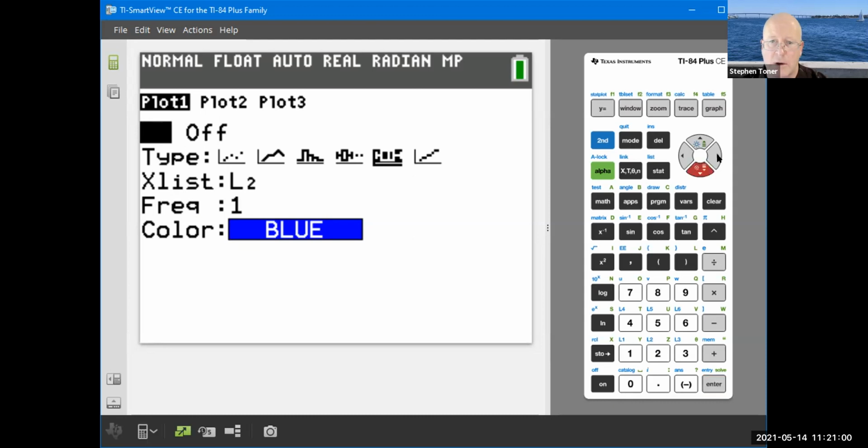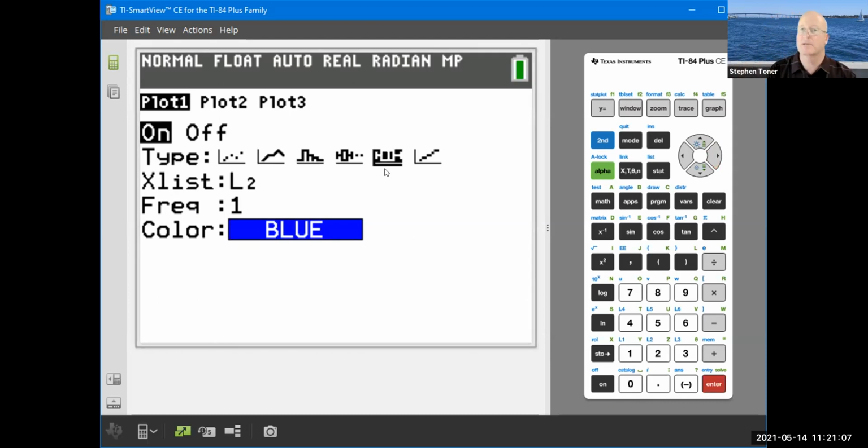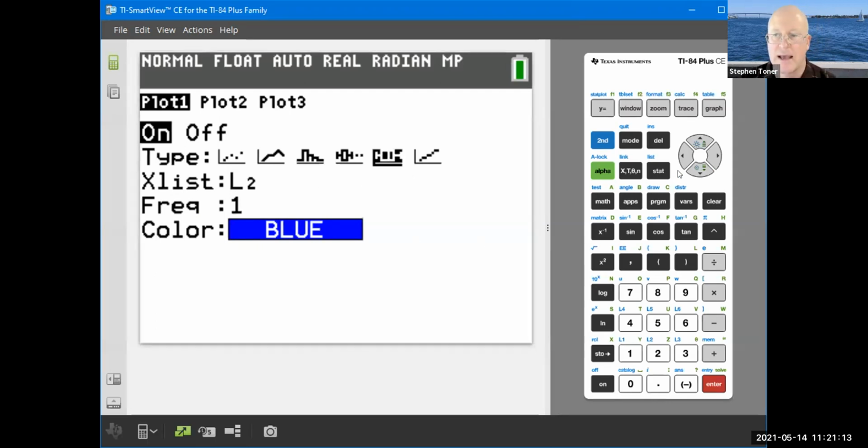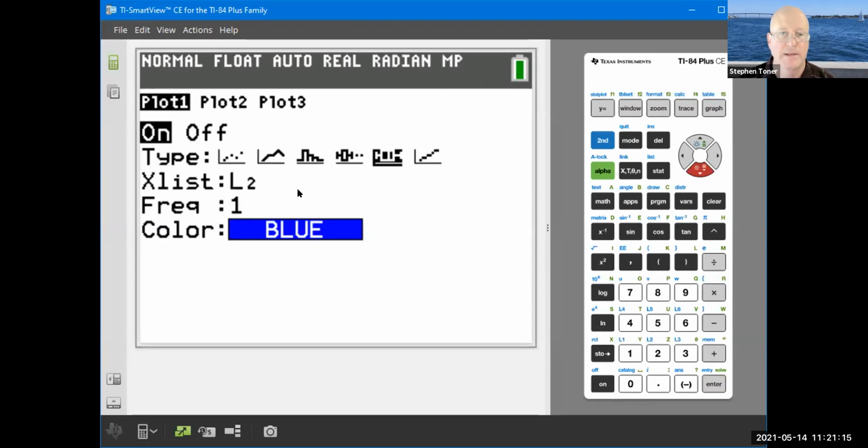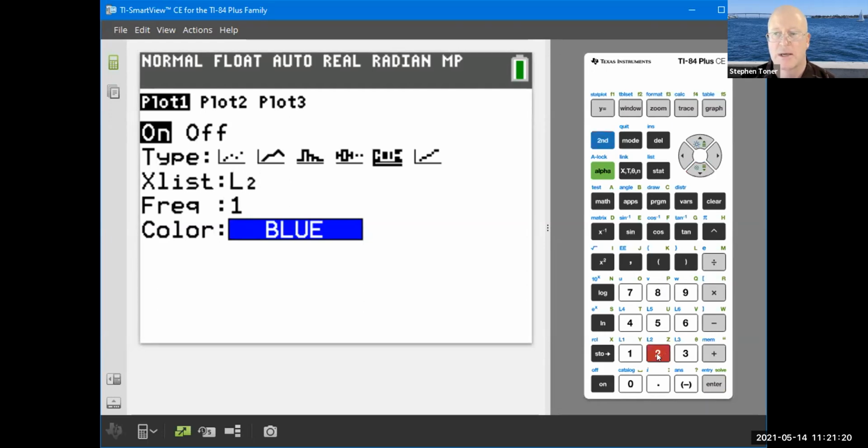And then there are different choices here. I'm going to begin with this one that I've got highlighted here that's blinking, which is the standard box plot. Okay, that is a key value. And notice on the next row, I have typed in list 2. If you don't have that, you hit second and then your button 2 to make sure that is list 2.